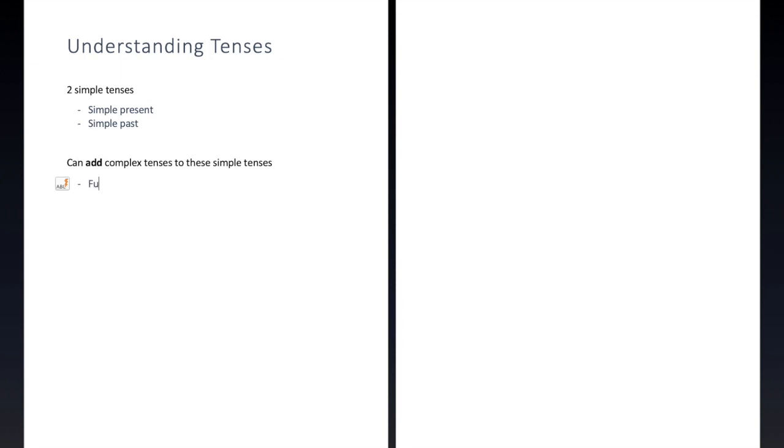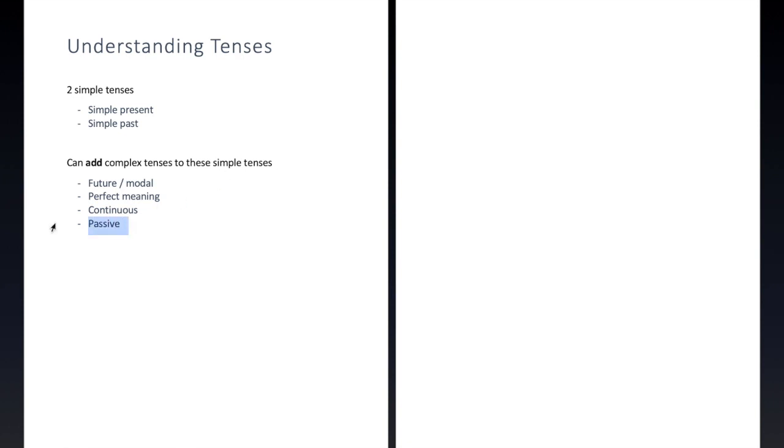We can add future meaning, and also future and modal meaning are kind of an overlap. They're kind of the same thing. So that's one of the meanings that we can add. Another meaning that we can add is perfect meaning. Another is continuous, and the last is passive.